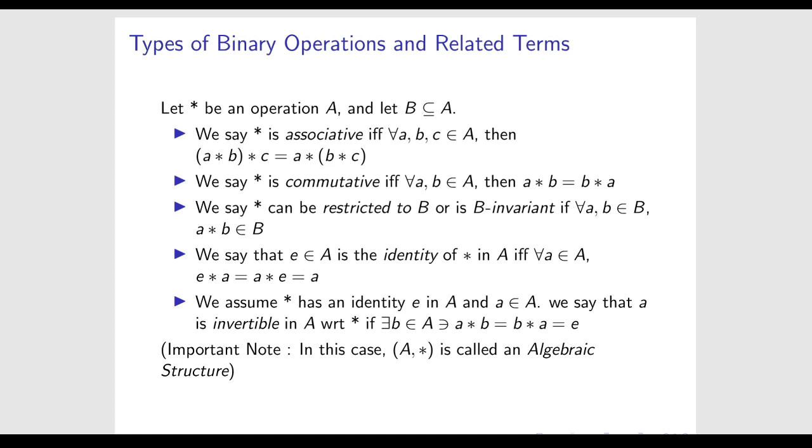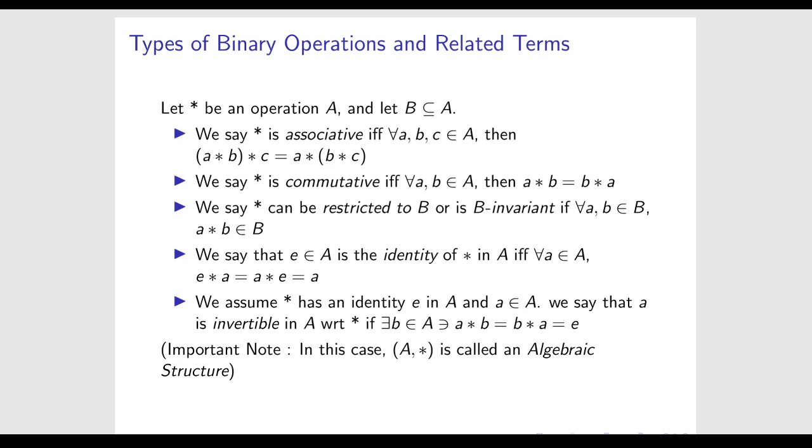We say that e in A is the identity of star in A if and only if for all a in A, e star a equals a star e equals a. That is, e operating on a makes no difference, no matter if it is from the left or the right.